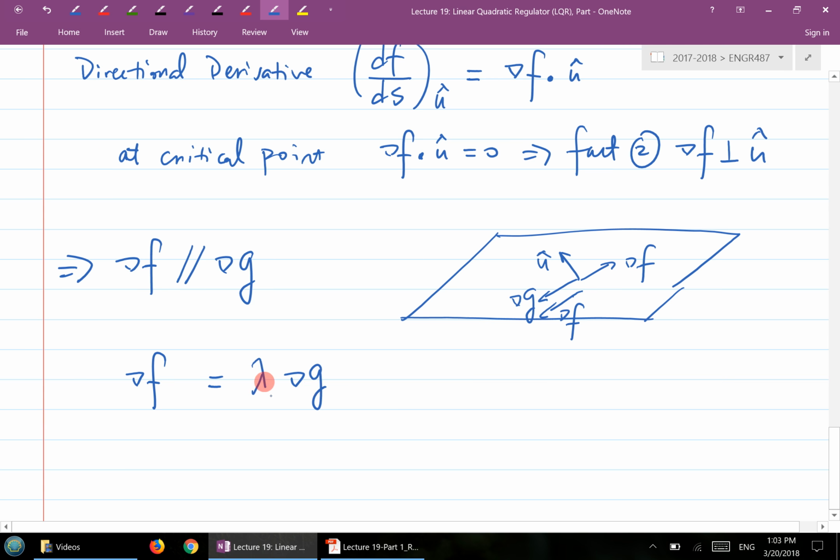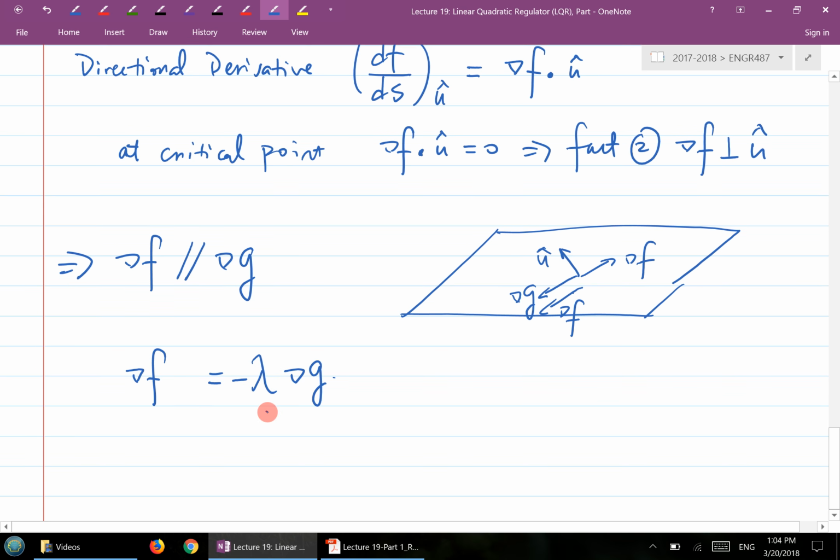So I'm going to use lambda here, and we're going to use a negative just for ease of writing. So we use a negative lambda to relate the two vectors. And this lambda is the so-called Lagrange multiplier.